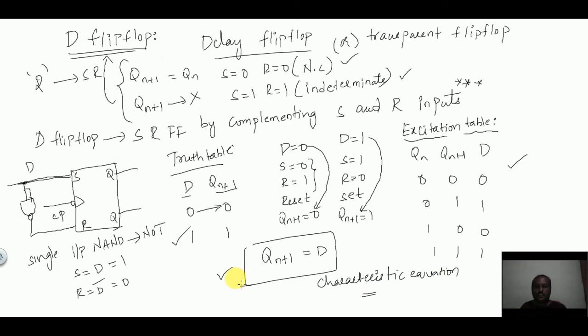D flip-flop is very simple. It is obtained from SR flip-flop to eliminate the no change condition and the indeterminate condition by complementing S and R inputs. This is how we have obtained the truth table, excitation table, and characteristic equation.